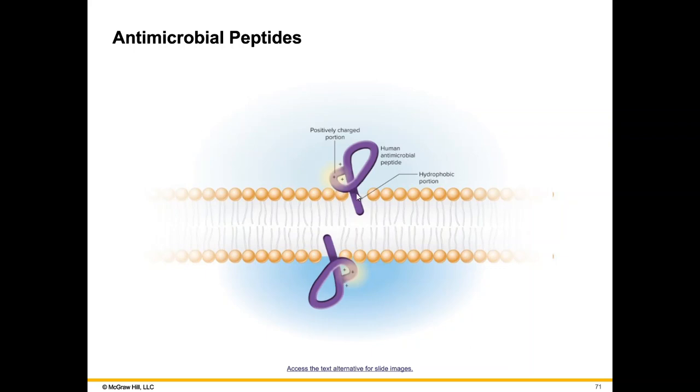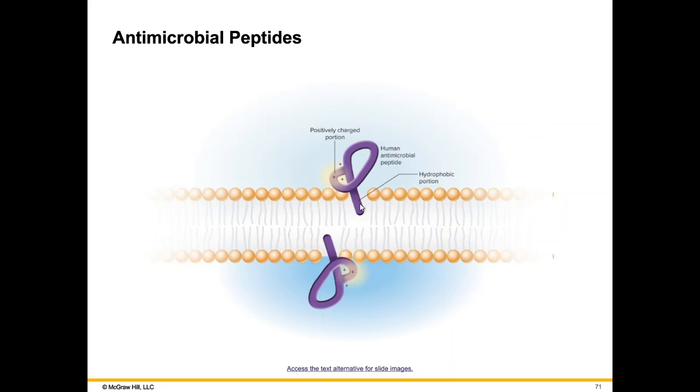And if y'all recall from biology or A&P, when you look at the cell membrane, these portions, the balls, are representing the heads of each phospholipid, and they have a phosphate group in them, and that phosphate group's negatively charged. So what's attracted to negative charges? Positive charges. So that's why we see this section of this amino acid chain attracted to the phosphate group heads here and here.